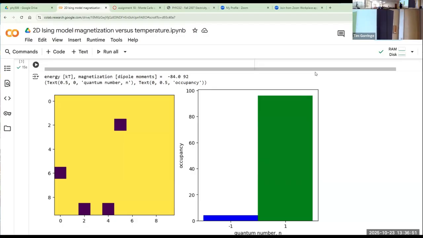So this is the plot of the magnetic moments of the 10 by 10 array. And this is the plot of how many moments are spin up and how many moments are spin down. So yellow is spin up and blue is spin down.